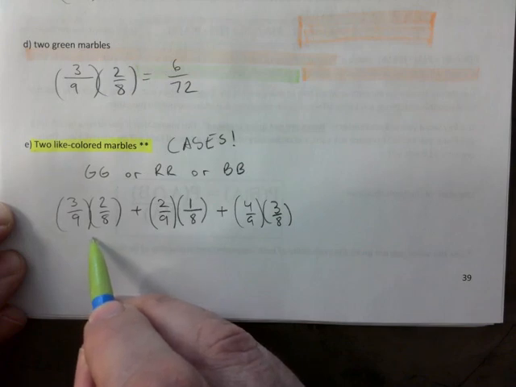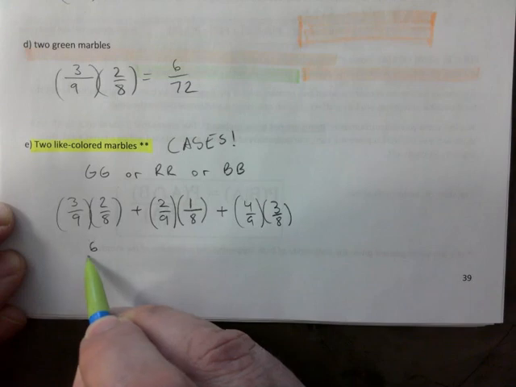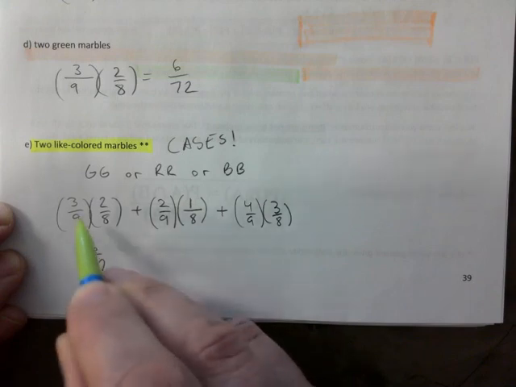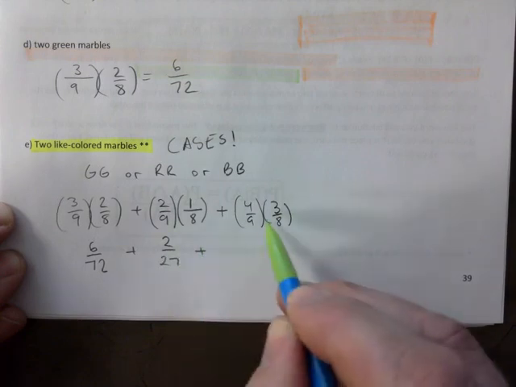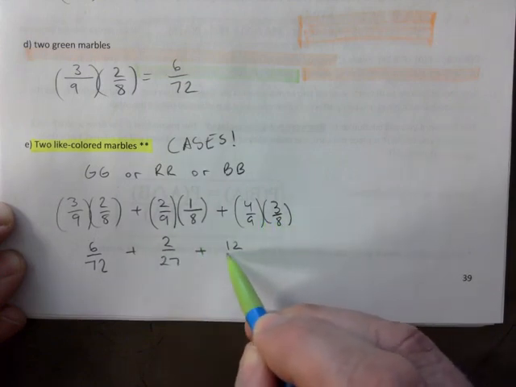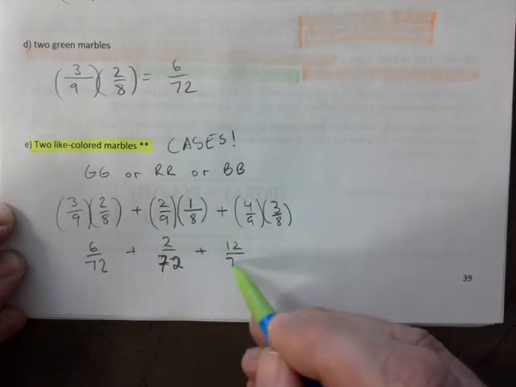let me just get my act together here. This one, green, green, is 6 over 72, plus 2 over 72, plus 12 over 72, sorry, not 27.